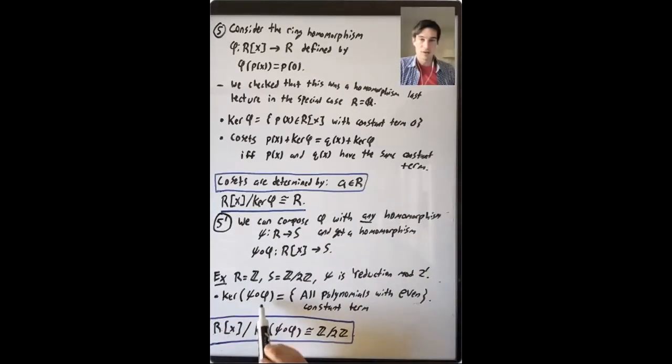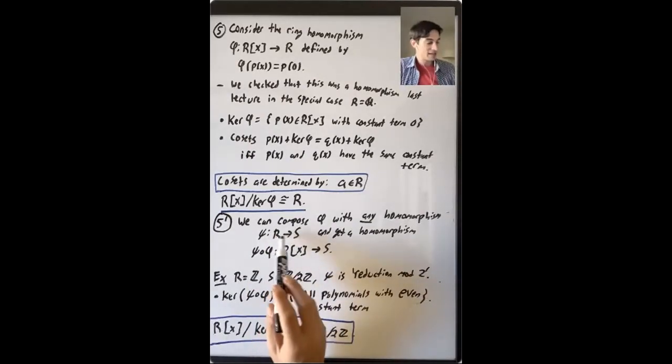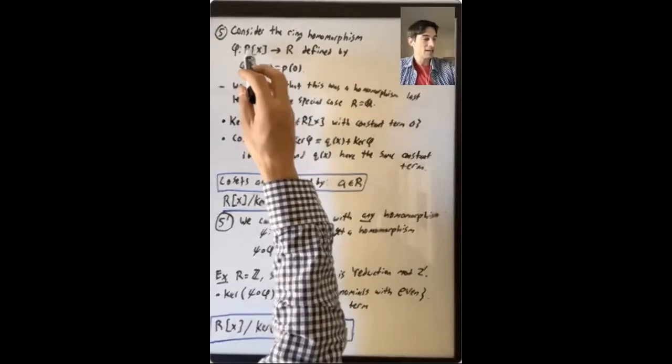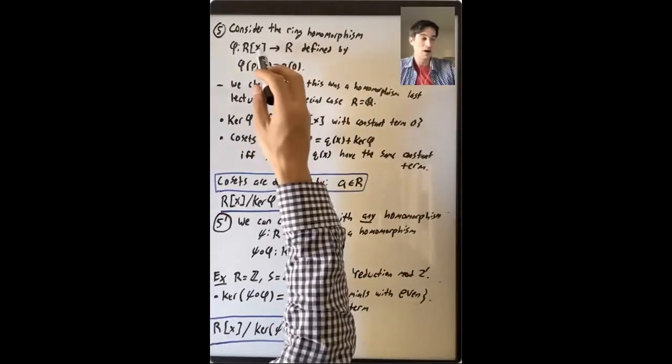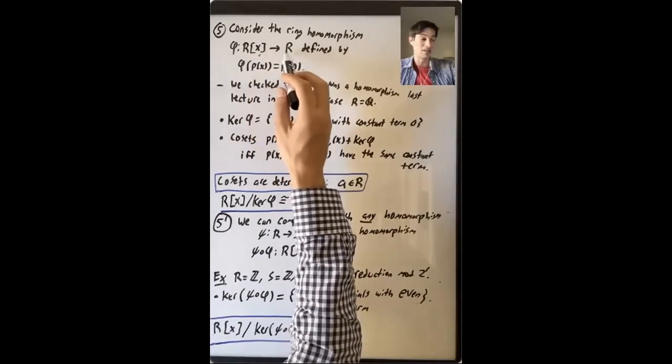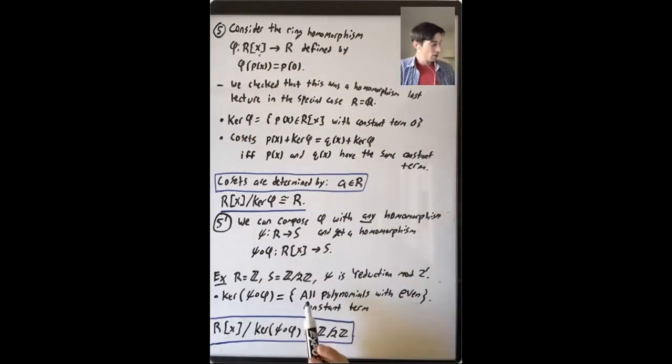So what is the kernel of this ring homomorphism given by composing these two? Well, the things that psi sends to 0 are the even integers. And the things that phi sends to even integers are polynomials whose constant terms are even integers. So the kernel is all polynomials with even constant terms.